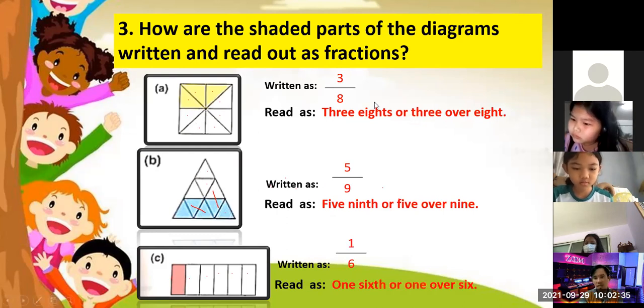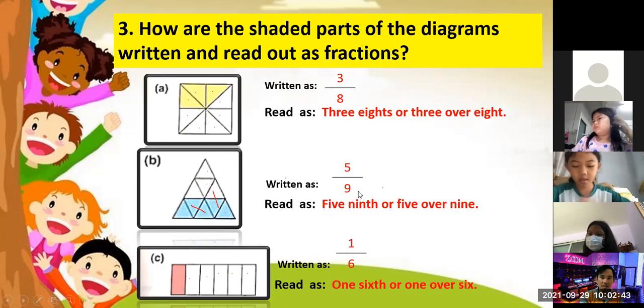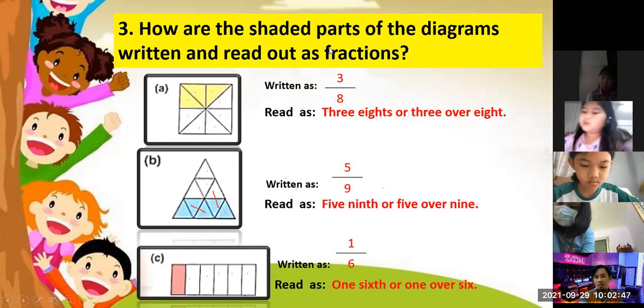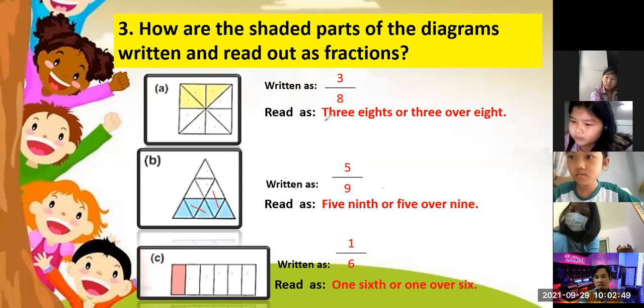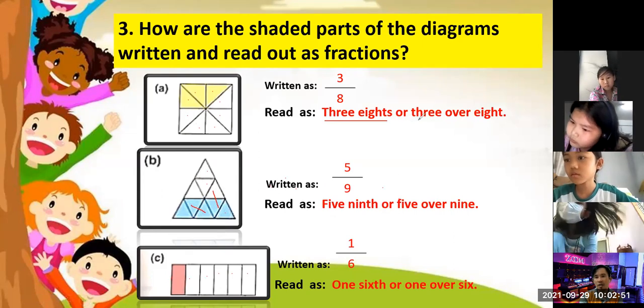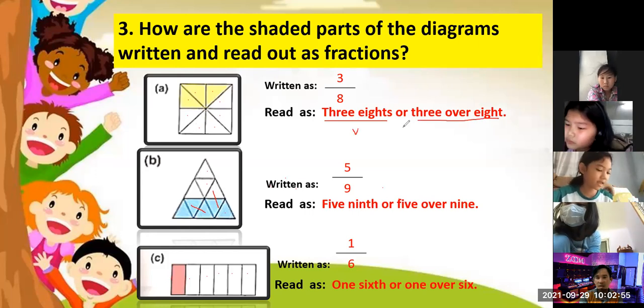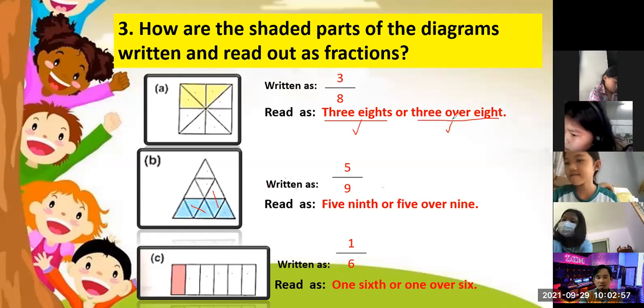So you can write this as 3/8 or 3/8. 5/9 or 5/9. 1/6 or 1/6. So there are 2 answers. If you answer this way, this is correct. It's okay. No problem.